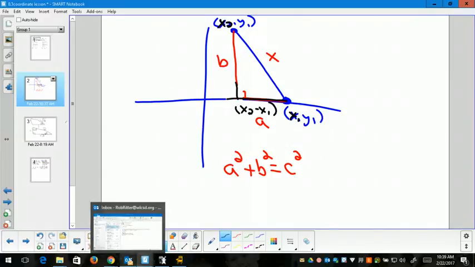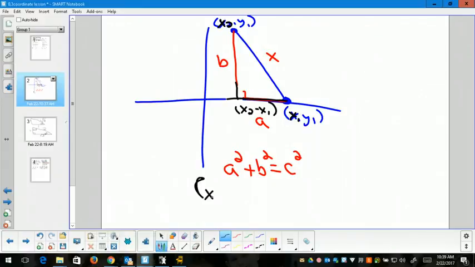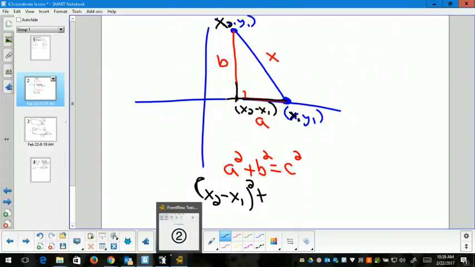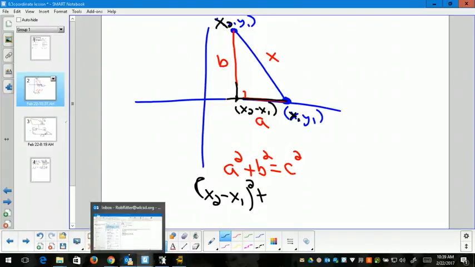So A is actually, that length, is x sub 2 minus x sub 1. It's like saying, hey, this is 5, 3, and this is 1, 4. Well then, if you want to know how long it is from 1 to 5, it's 4 units. Or I could do 5 minus 1 and get the same thing.